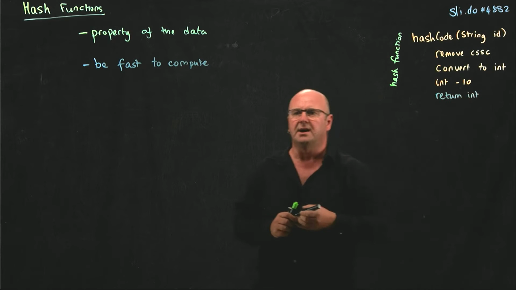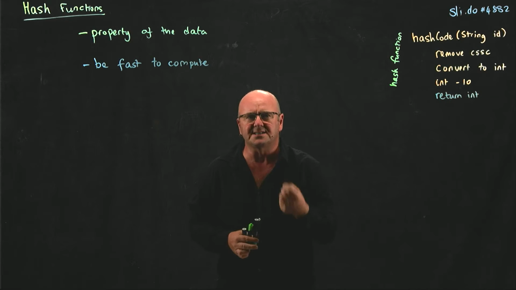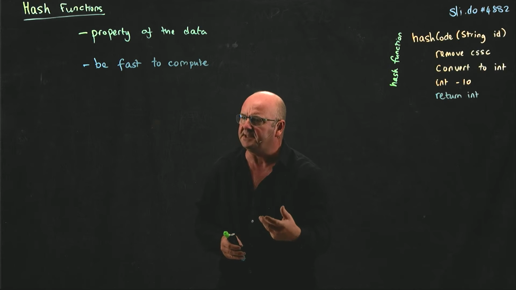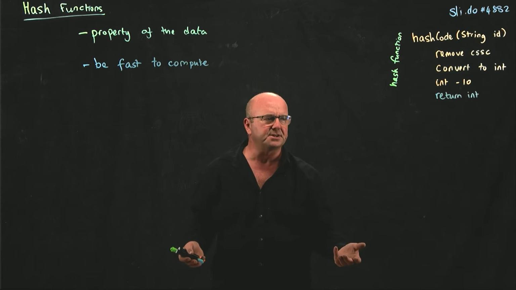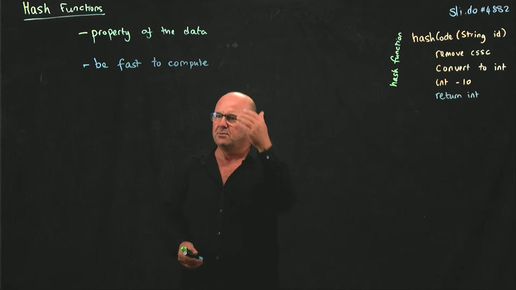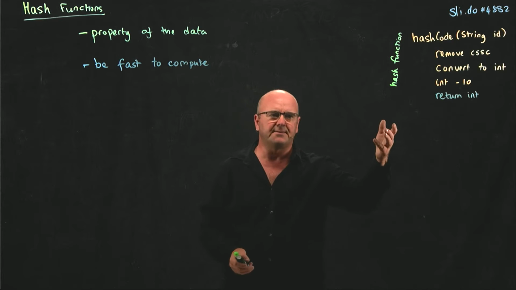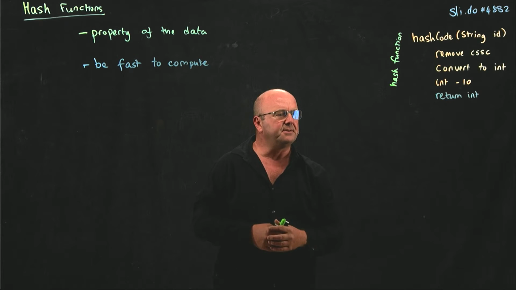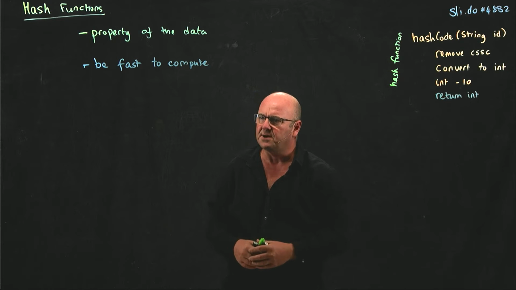We'll come back to why. But I don't want to wait a second to get an integer back from the hash function if I've got 1 million things to do, right? It's never going to finish. So I want this to take just a few cycles to compute whatever this is, based on whatever I give it. If I give it CSSC IDs, what I've shown you there is really only 4 operations, so that's going to compute very quickly. Yeah?